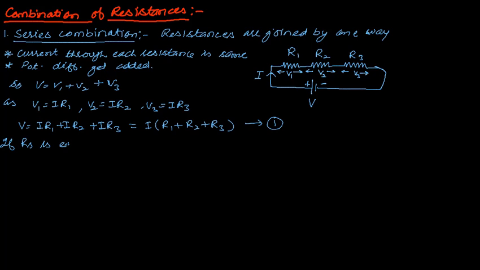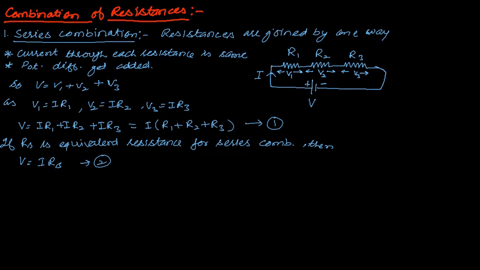If RS is the equivalent resistance for series combination, then we can write V is equal to IRS. This is equation number 2. From these two equations, 1 and 2, we can write IRS is equal to I times R1 plus R2 plus R3.